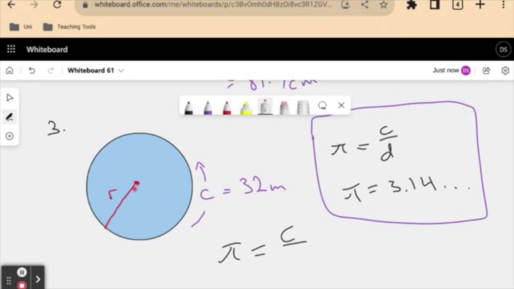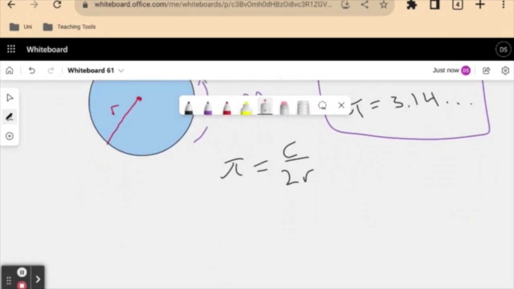And the radius is just half of the diameter. So we can write the diameter as 2 lots of r. Now, all we have to do is make r the subject of our equation, because that's what we're essentially solving for. We're given this value here, and we know what pi is.